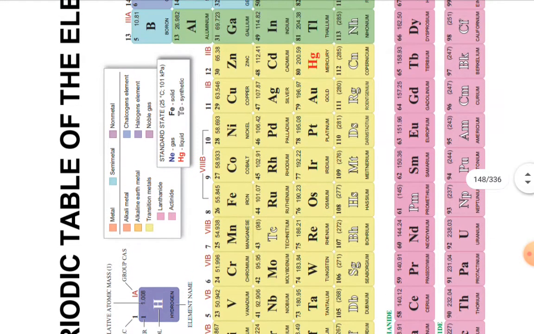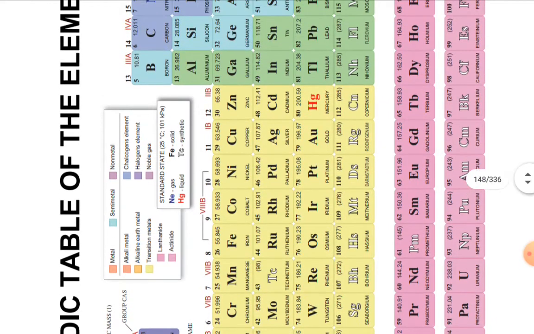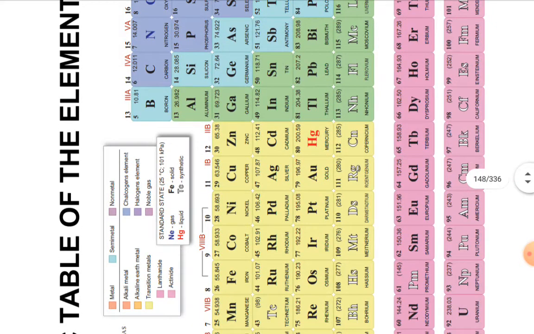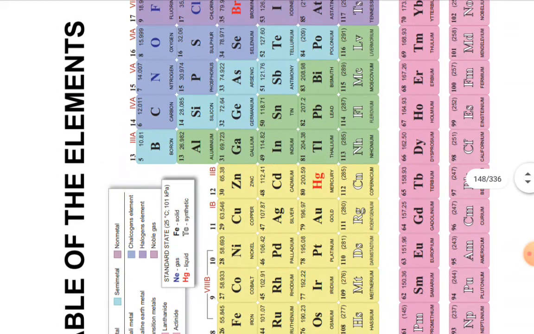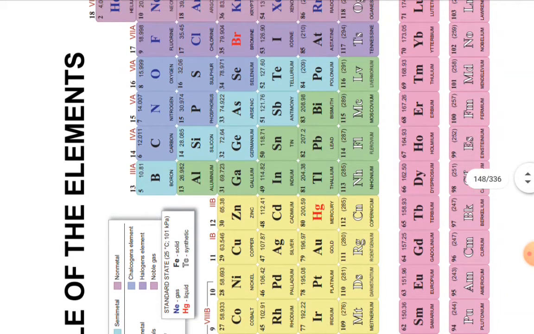Eighth group: iron, ruthenium, osmium, hassium. Ninth group: cobalt, rhodium, iridium, meitnerium. Then the 10th group: nickel, palladium, platinum, darmstadtium. Then the 11th group: copper, silver, gold, and roentgenium. 12th group: zinc, cadmium, mercury, copernicium.